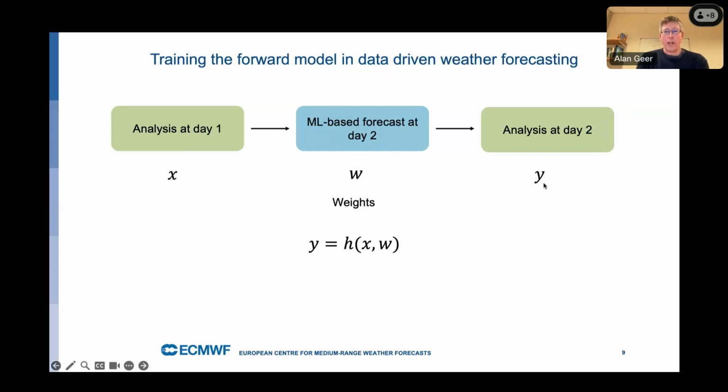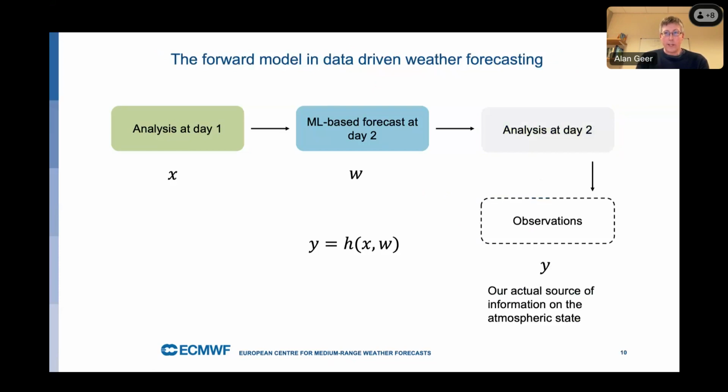Y here is an analysis, but in reality, as data assimilators, we know that the analysis is a best estimate of the actual state of the atmosphere, but where that best estimate comes from, as well as the forecast, is the observations, and our true source of all the information on the atmospheric state is either physics or observations.